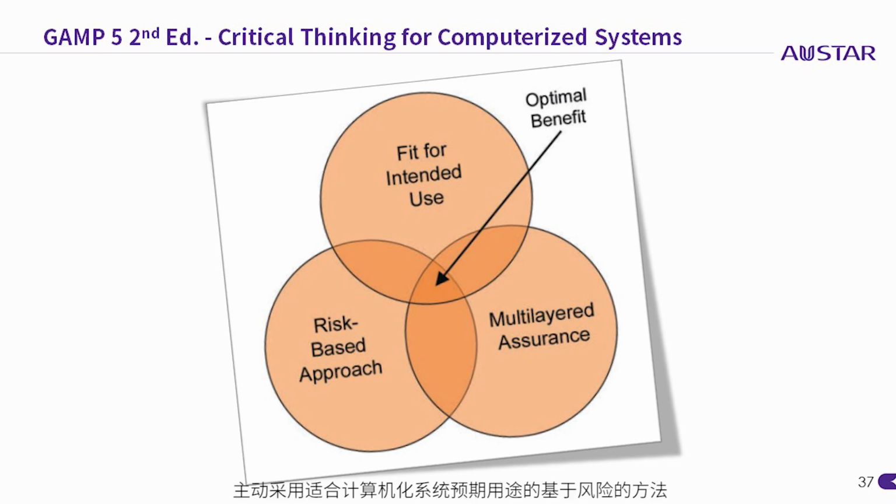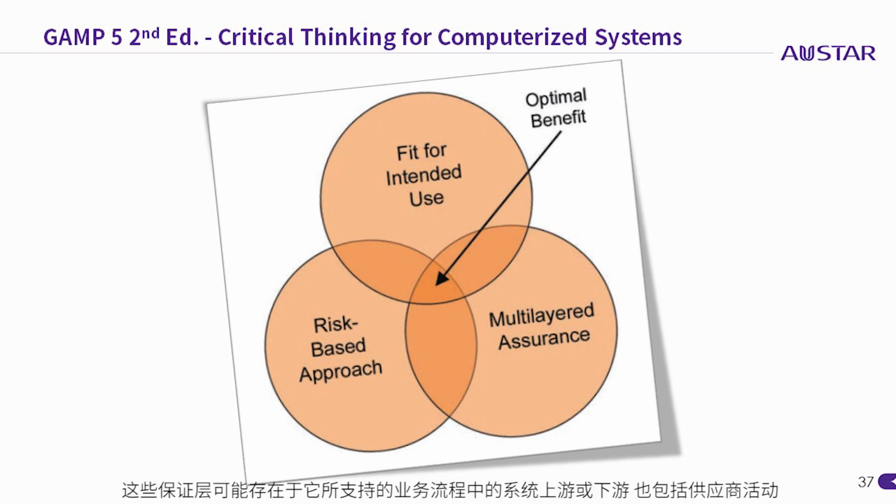Whereas proactive adoption of a risk-based approach suitable for the intended use of the computerized system considers the multi-layers of assurance provided elsewhere within the business process. In other words, combining technical, procedural, and behavioral controls applied throughout the business process is used when assessing the risk of the computerized system. These layers of assurance may exist upstream or downstream of the system within the business process it supports and also include supplier activities.